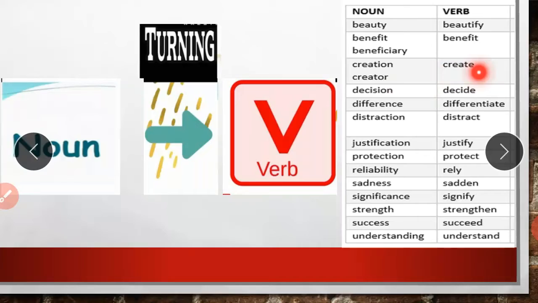Here you can notice creator, create. The noun changes into the verb. Decision, like that, decide. Decision is a noun and it changes into the verb decide. So the beginning of the word is the same and the end of the word changes.